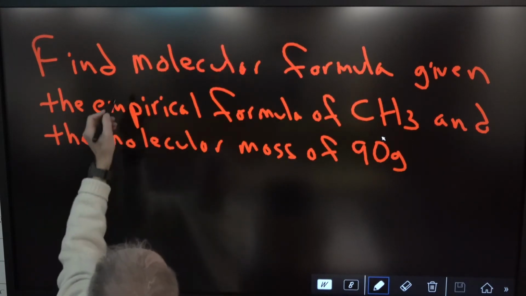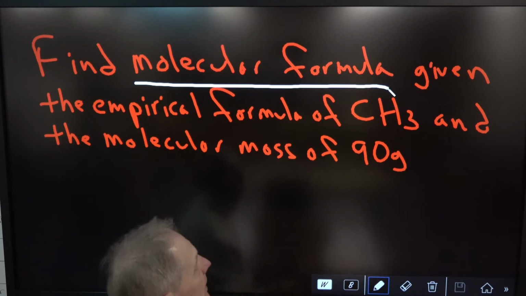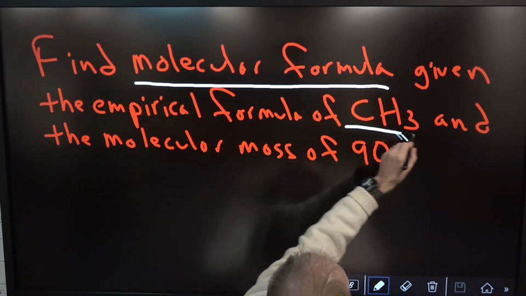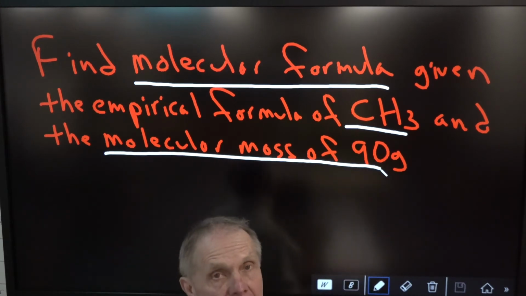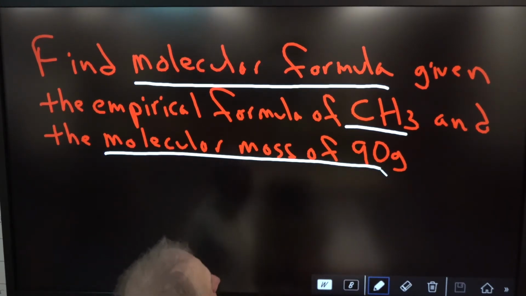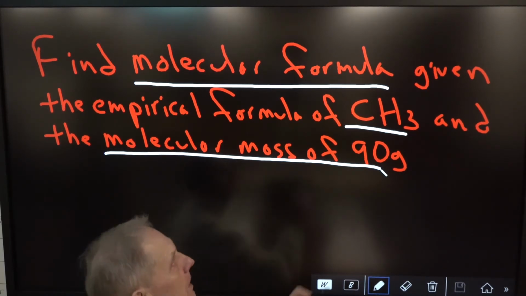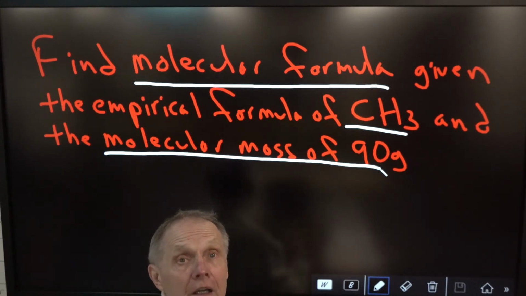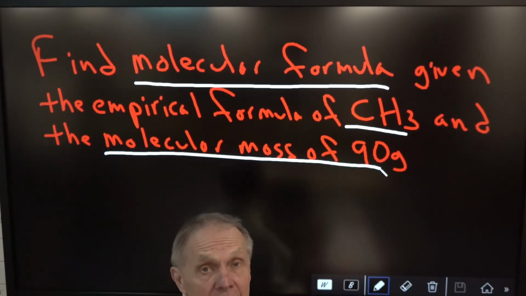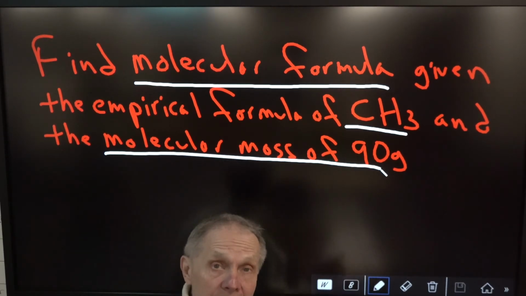Okay? Okay, so watch. I want to find the molecular formula. And look what has been given. The empirical formula is CH3 and the molecular mass is 90. So what we have to do is, since we know that the molecular formula is a multiple of CH3, well then this 90 grams has to be a multiple of the empirical mass, like we've done before.